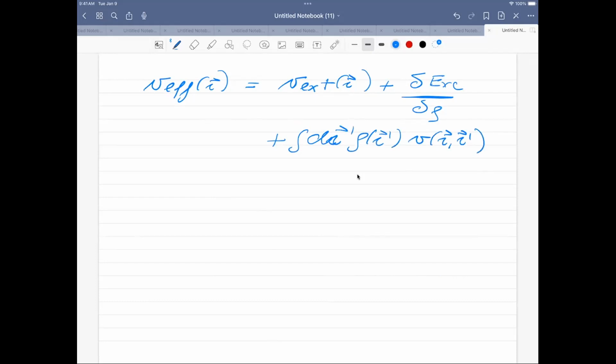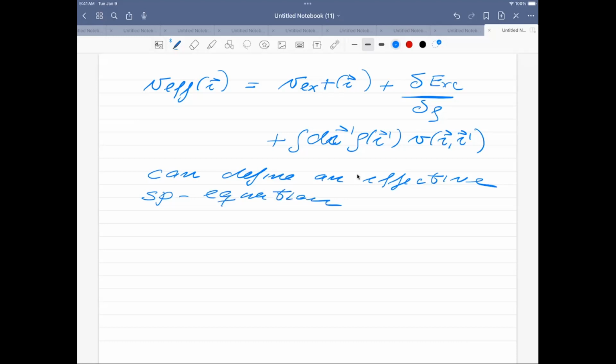And that means that I can then set up an effective single particle potential equation, an effective single particle equation, which then looks like kinetic energy, depending on R, plus this V effective, this effective potential, which then acts on the single particle state.